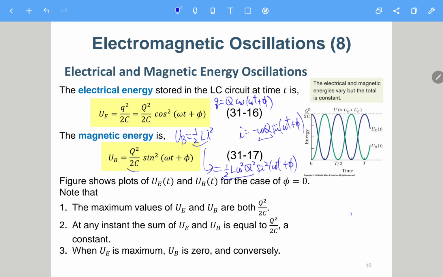But actually they are the same thing, because omega equals 1 over square root of LC, which means that omega squared equals 1 over LC, which means that 1 over C equals omega squared L. So you can see here, this is 1 over C, and here we have omega squared L. So these two are actually the same thing.